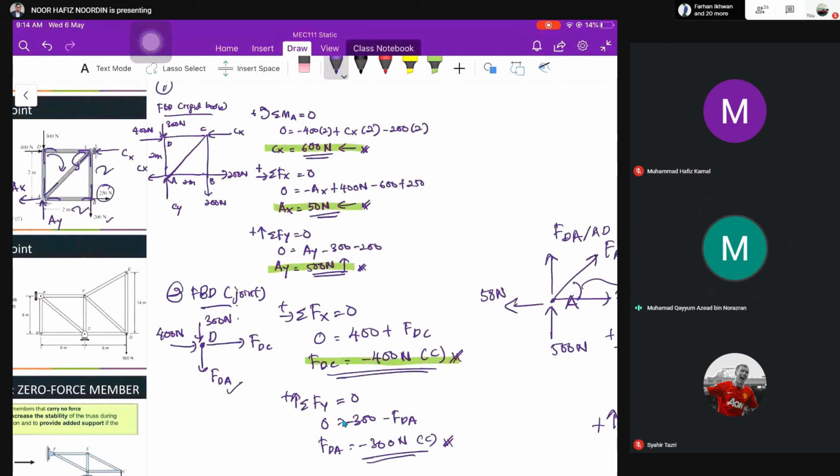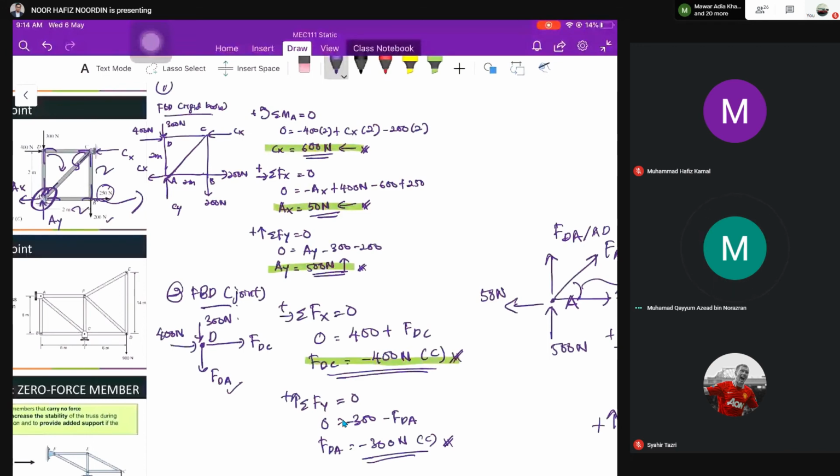Kenapa? Dia dengan point A tu dia moment ke? Dia dengan point A. Point A kat sini kan? So dia punya arah sini. Ada tak jarak perpendicular? Tak ada kan? So kalau dia tarik kat situ dia okay.